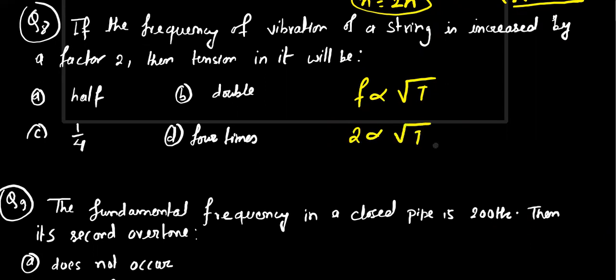So what about the tension? Tension must be increased, but by what factor? Here we have to square, so it will be 2 square, so T equals 4. It means that we have to increase the tension by 4 times.